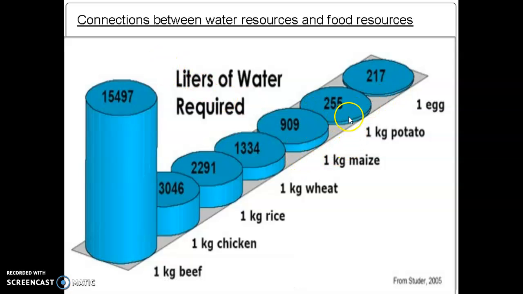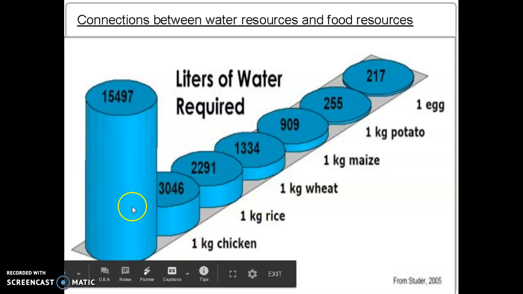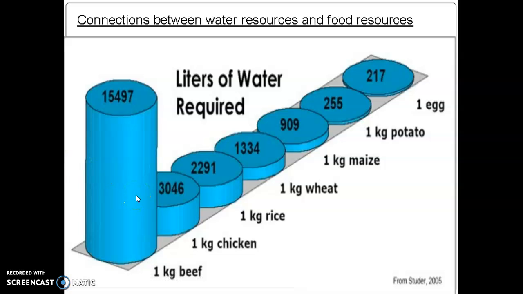For 1 kilogram of potato, 255. For 1 kilogram of maize, which is corn, 909 liters of water. 1 kilogram of wheat, 1,334 liters of water. So on and so forth. And then you look at your cows, 1 kilogram of beef, and you have 15,497 liters of water.